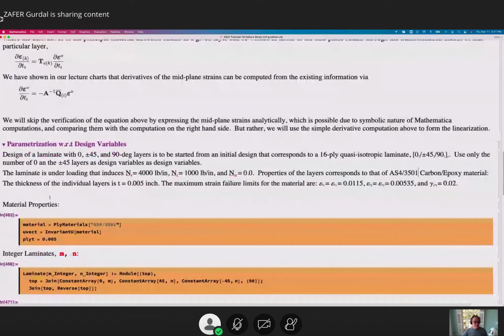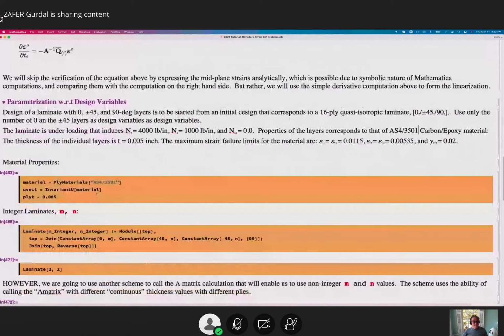That's high modulus carbon fibers. And I know my material properties for this. My material is ply materials AS4 3501. If I have the material, I can put it in here, compute the U vector, and my ply thickness is given to be 0.005 inches. So all the units are conventional units.